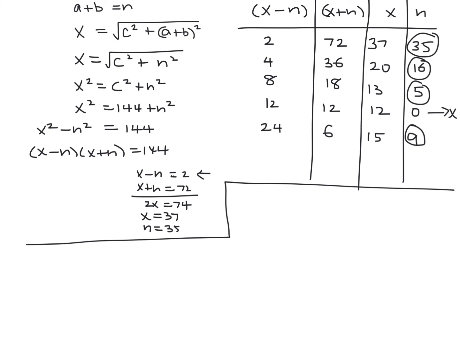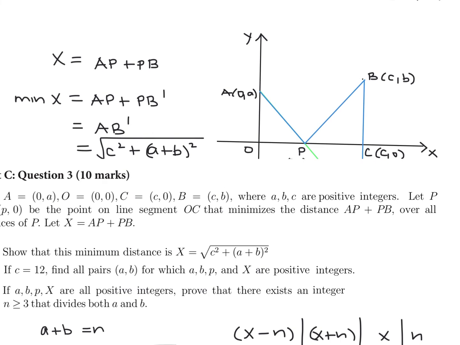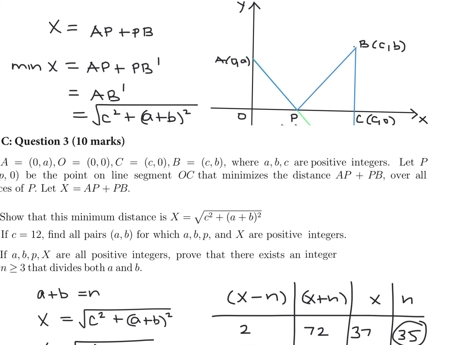So if you remember in our original diagram, we had a scenario where you had this, and this was P right here, from here to here. So that was P. Since that distance is P, and C they've given us as 12, which is the distance from there to there, you can use similar triangles: P over 12 is the same as from there to there over the full distance.